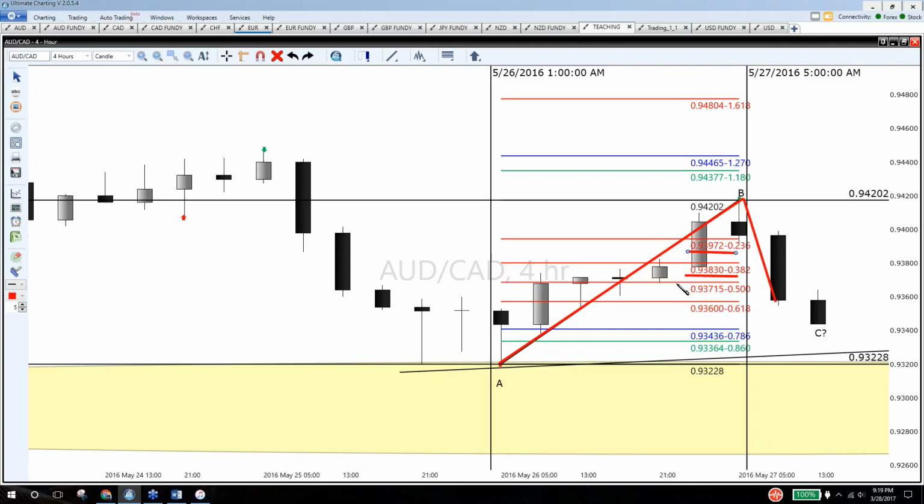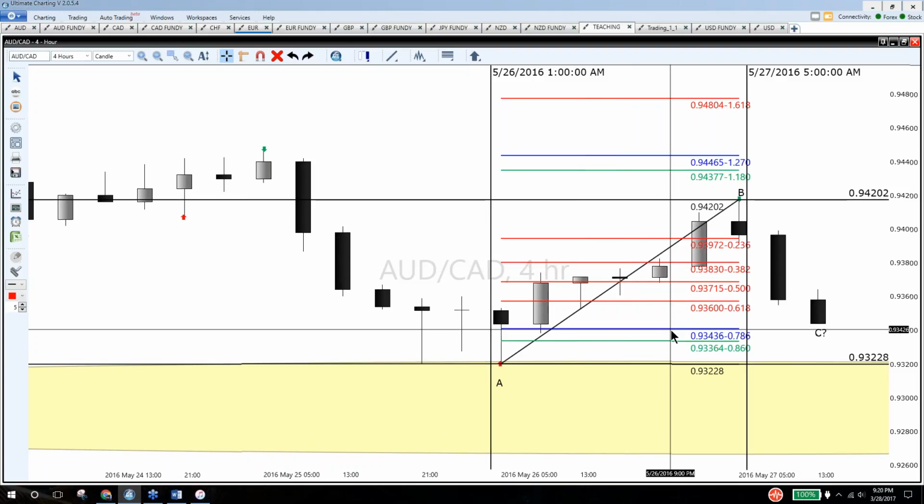So if I take a look at this low, the current C, I'll click on the candle and I'll get the exact price point for the low of 0.9347 roughly. Now if I take a look at this, the 786 price is 0.9344 approximately. Can I say that this market has touched the 786 price? This market has not touched the 786 price. Close, but not yet.